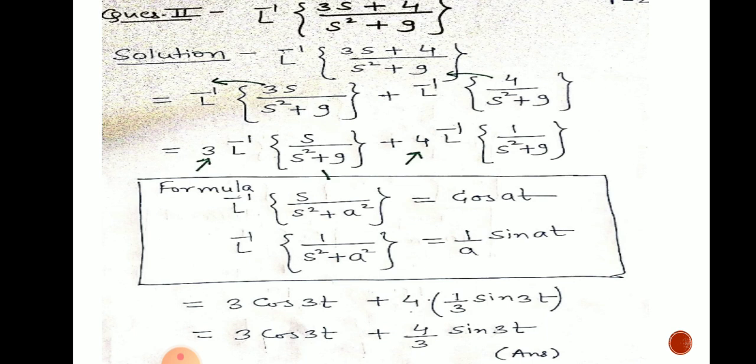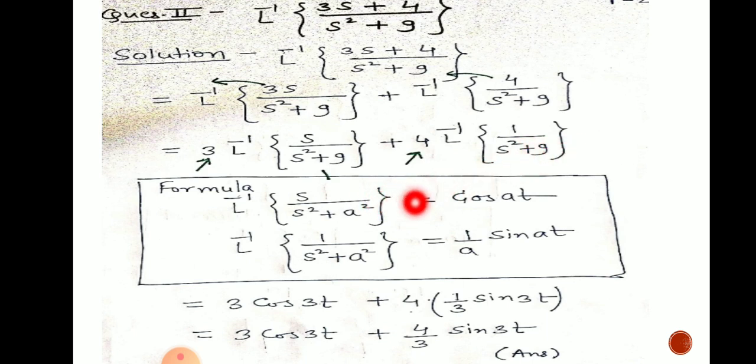For a given problem, we can write this problem by linear property of Laplace transform: Laplace inverse of 3s upon (s square plus 9) plus Laplace inverse of 4 upon (s square plus 9). If we take common terms, this is equal to 3 Laplace inverse of s upon (s square plus 9) plus 4 Laplace inverse of 1 upon (s square plus 9).